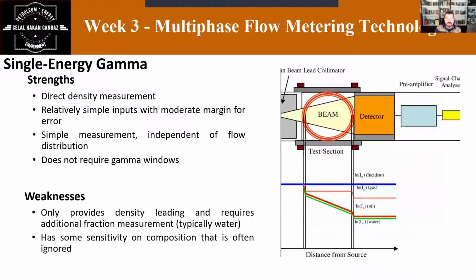So single phase gamma, this uses direct density measurements. It's relatively simple inputs with moderate margin for error. Okay, acceptable. It has a simple measurement independent of flow distribution, and it does not require gamma windows, because it's just using the single energy gamma. I will explain what I mean.